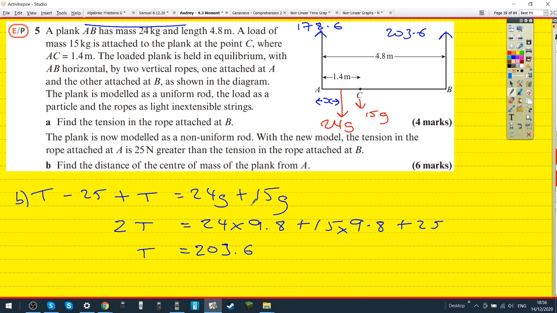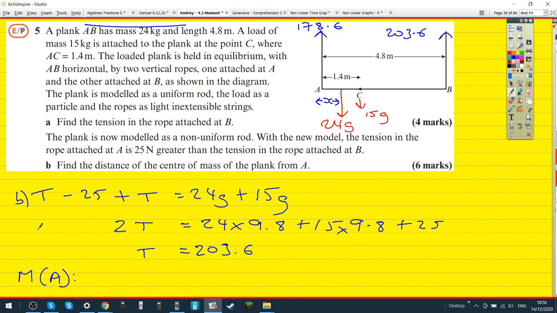No, it's just somewhere. It might even be to the right of C. Will it be like 4.8 minus 1.4? Just pick a point. Take moments about A, let's say.